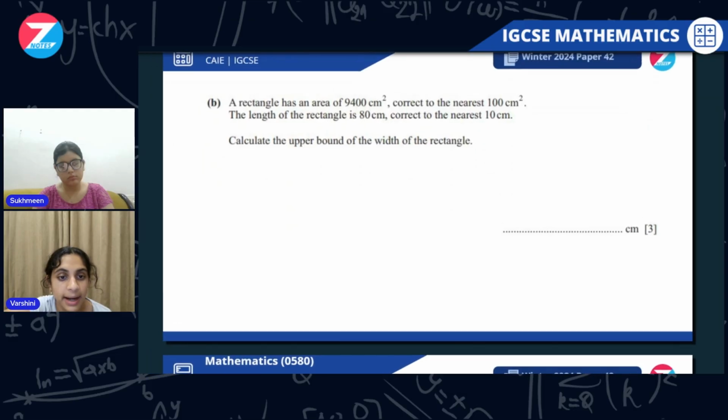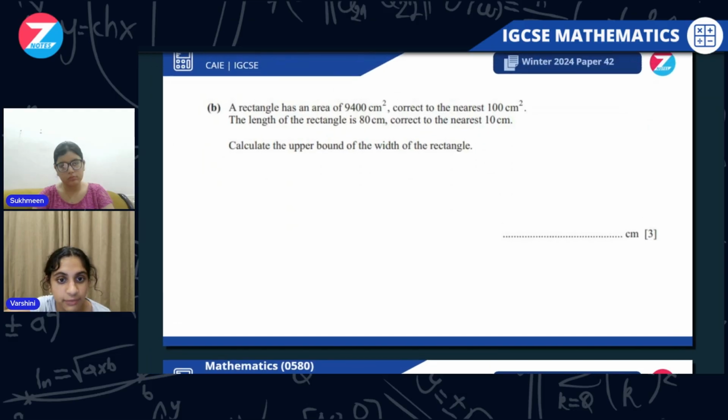Okay, B. A rectangle has an area of 9400 centimeter squared, correct to the nearest 100 centimeter squared. The length of the rectangle is 80 centimeter, correct to the nearest 10 centimeter. Calculate the upper bound of the width of the rectangle. So we know that the area is equal to width into length. So width will be area by length.